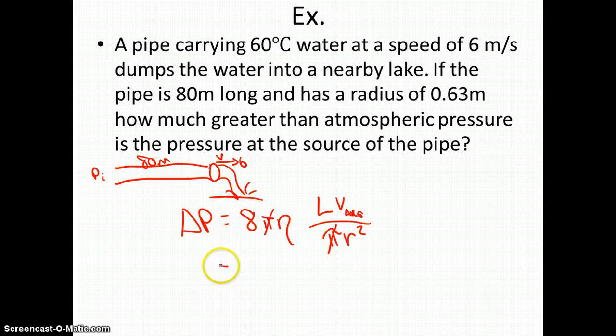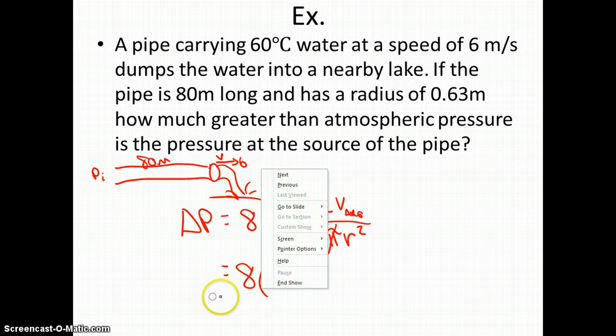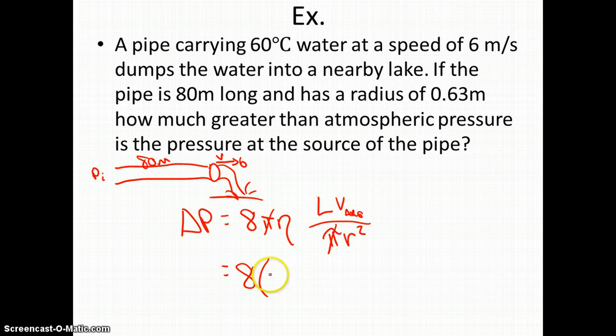I don't even have to factor them into my equation. And so I wind up with 8 times, and then the coefficient for water at 60 degrees Celsius is 5 times 10 to the negative third. The pipe is 80 meters long, water's flowing at 6 meters a second, and it's got a radius of 0.63, which I'm going to need to square.